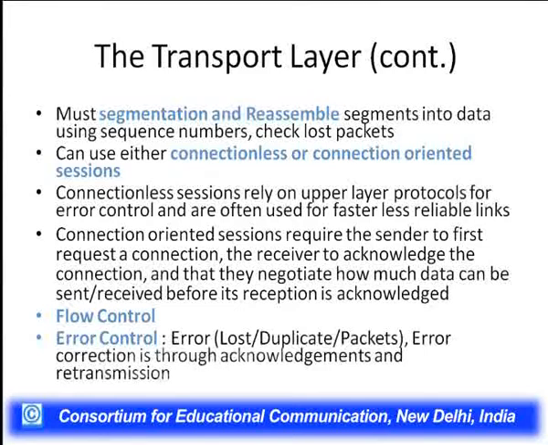In case a packet is lost or duplicated or there is a defect in the packet which is being received, then it can be either retransmitted or removed, because the same segment number has already been received.